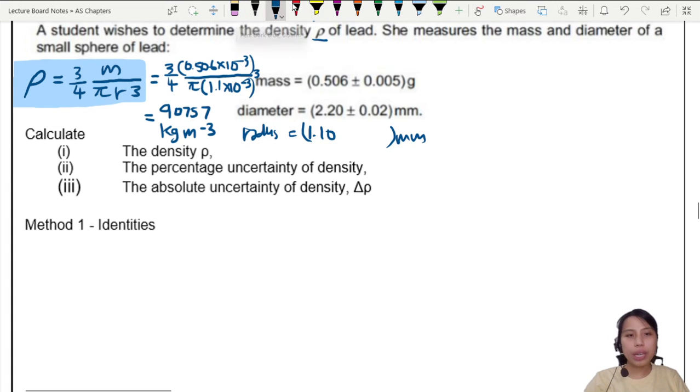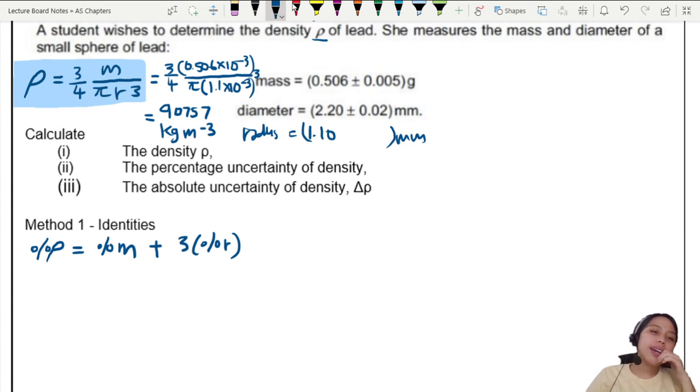So actually, we can create an equation such as the percentage uncertainty in density equals percentage uncertainty in mass plus 3 radius, right? Radius squared. So 3 times the percentage uncertainty in the radius. That's how we can find this.